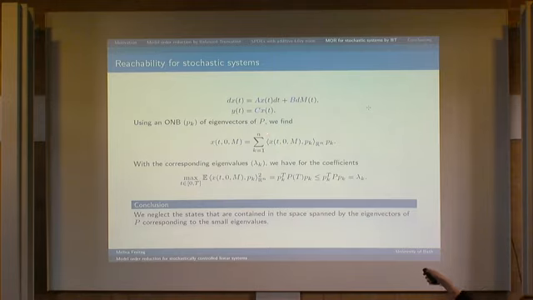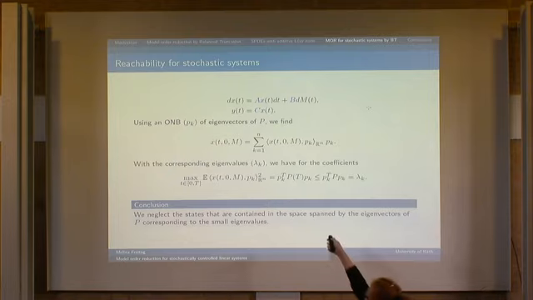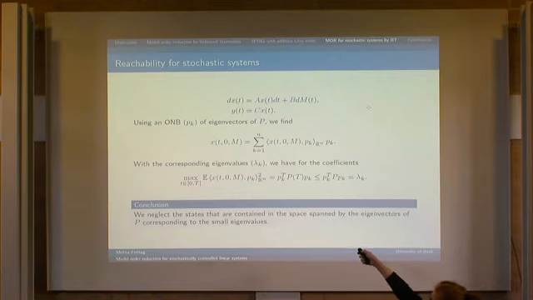The coefficients obviously depend on the stochastic process. So it's just an expansion in an orthonormal basis, and then you can look at these coefficients. And because you have a stochastic process in there, you have to look at the expected value.